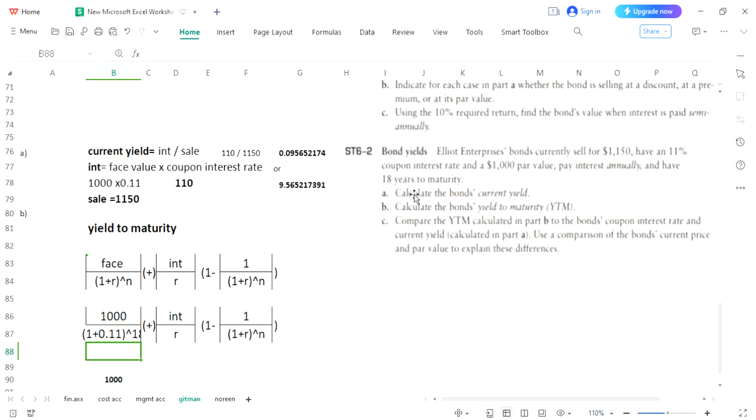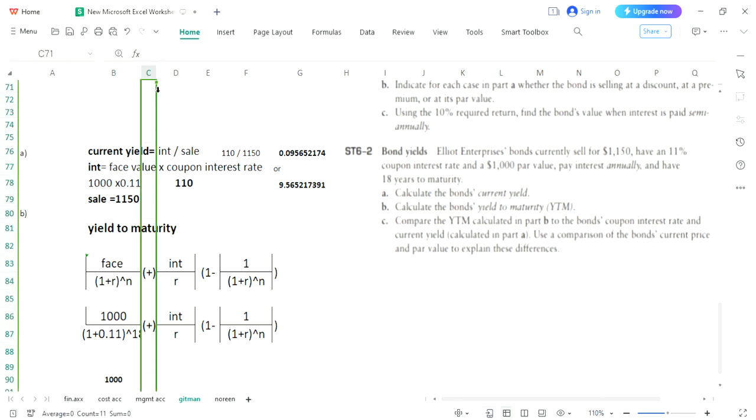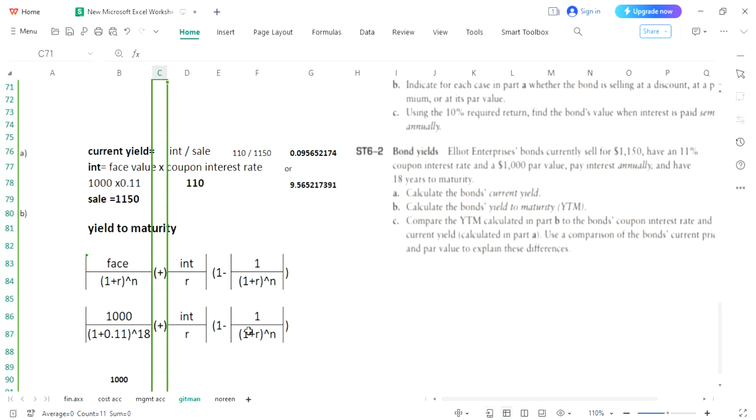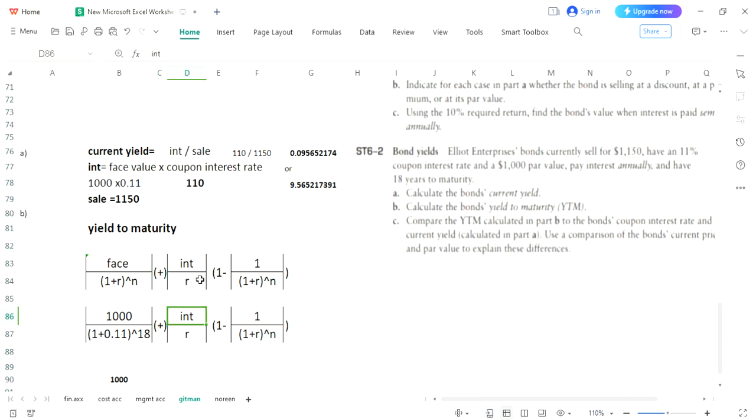Let's make a little more space as we have increased the size. We'll have to change it. The amount of interest was already calculated, 110, putting 110 over here. Rate was 11%, that means 0.11, and here 1 is fixed, 1 is also fixed over here.